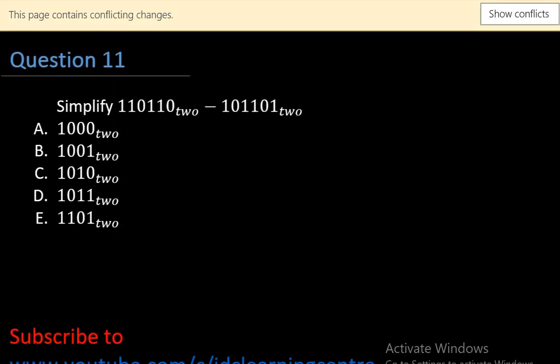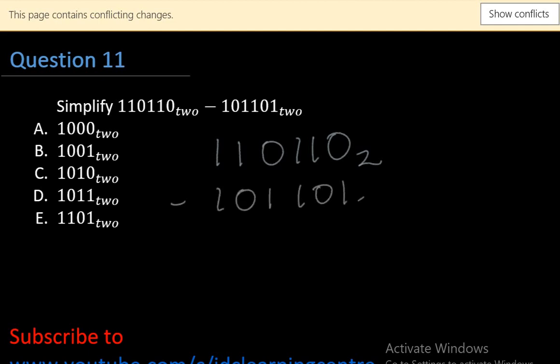Question 11. Now, this question says simplify 11011 base 2 minus 101 base 2.